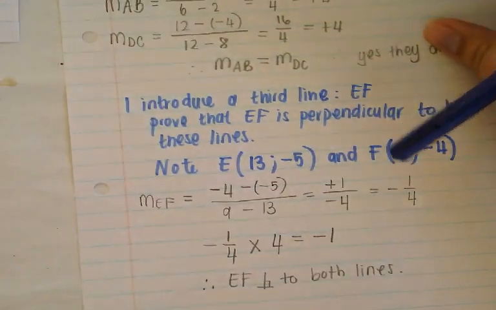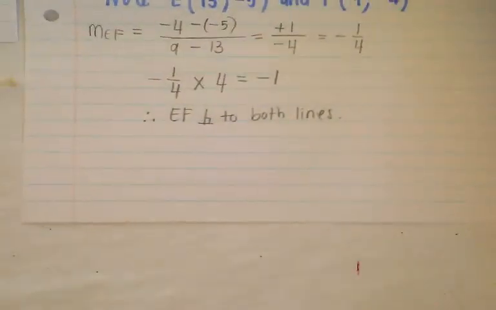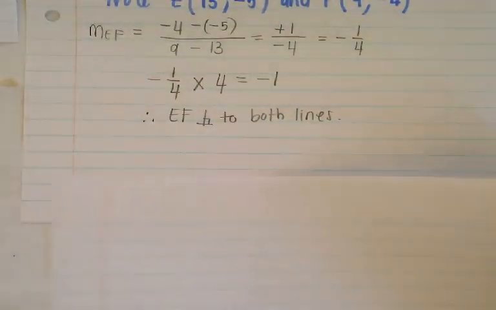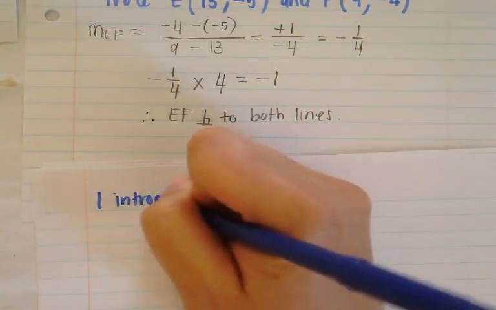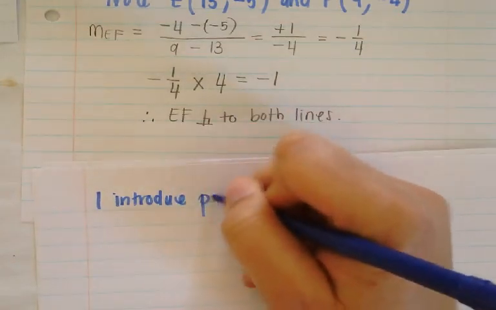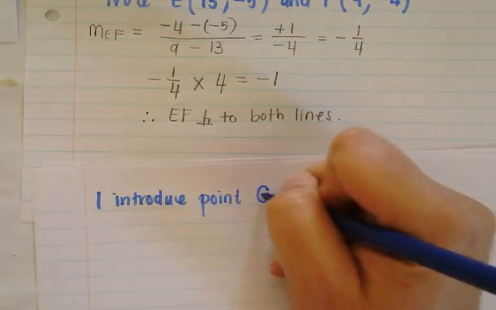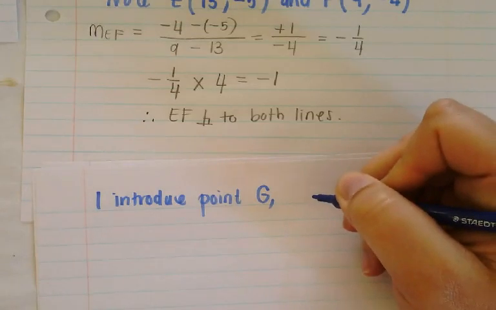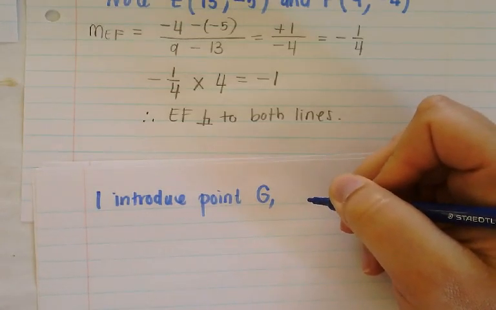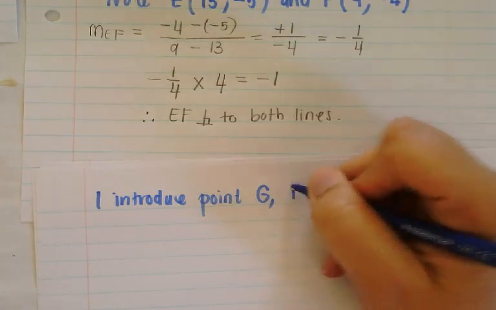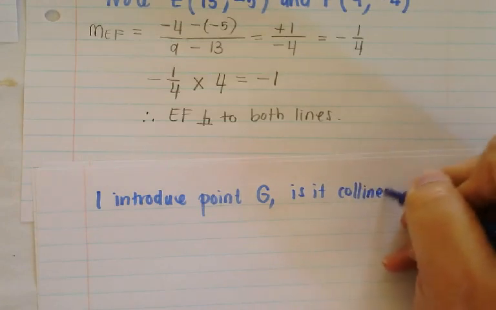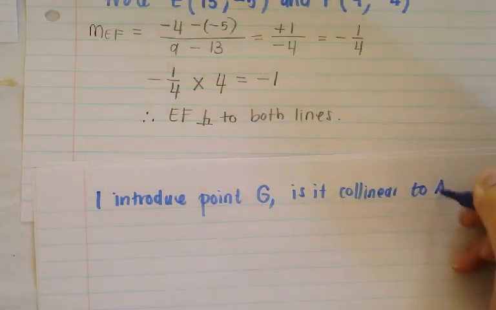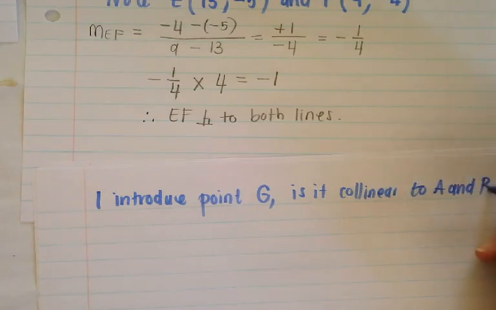Anyone still writing that? Or at least can I move it up? My last question, I introduce a fifth point, point G. Is it collinear to A and B?